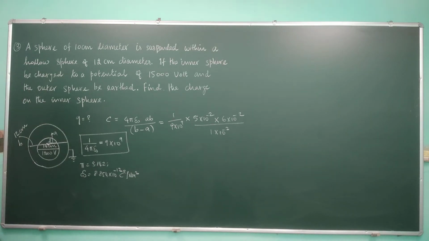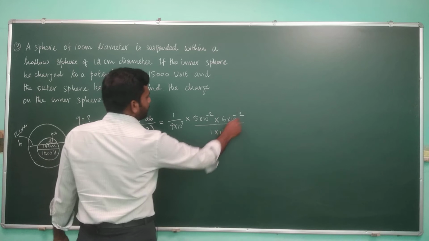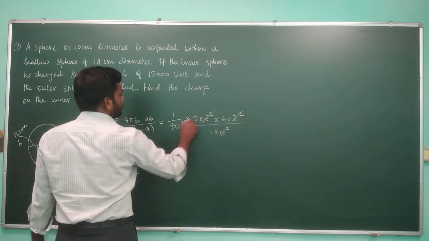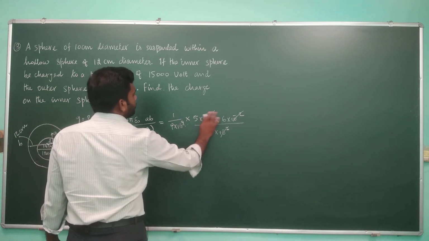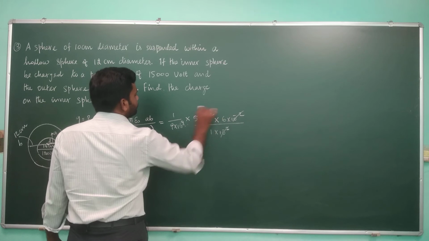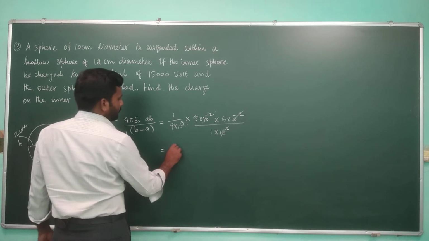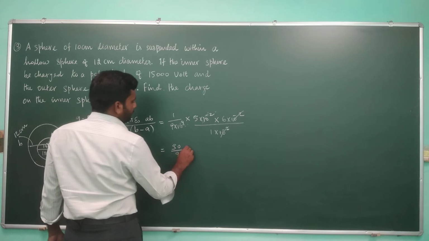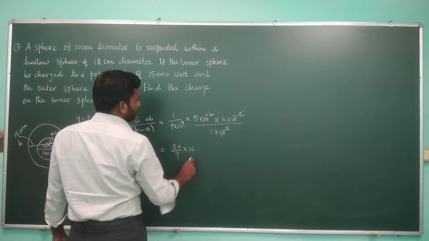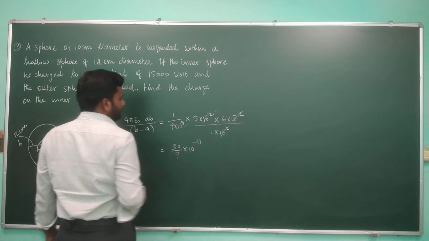So the remaining thing is 30 divided by 9 into 10 to the power minus 11.